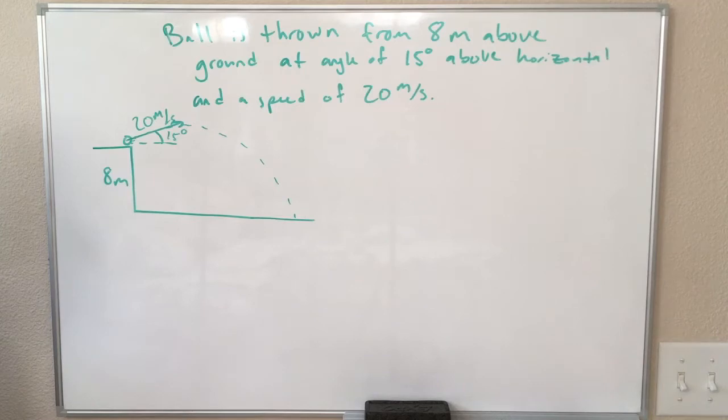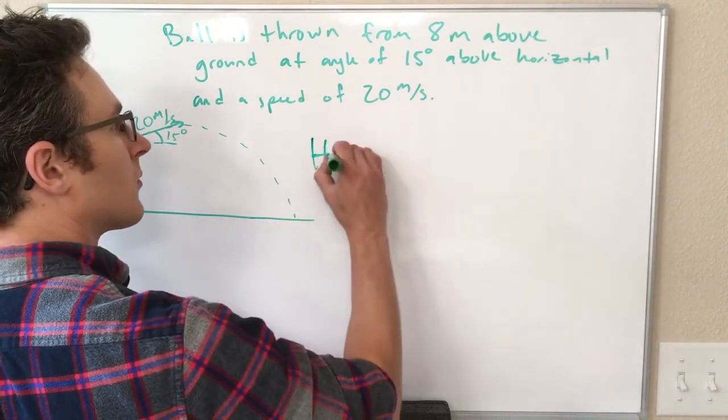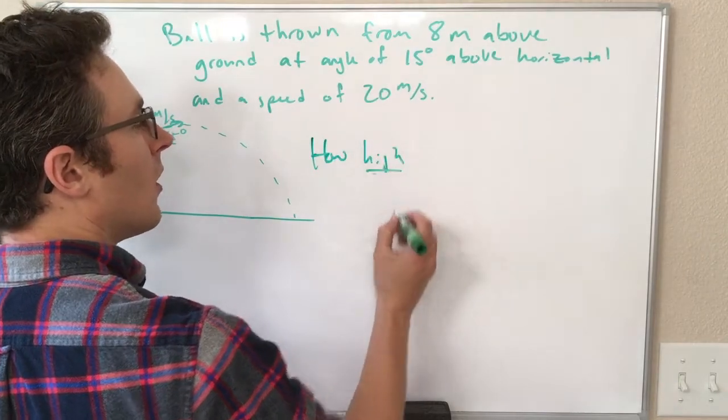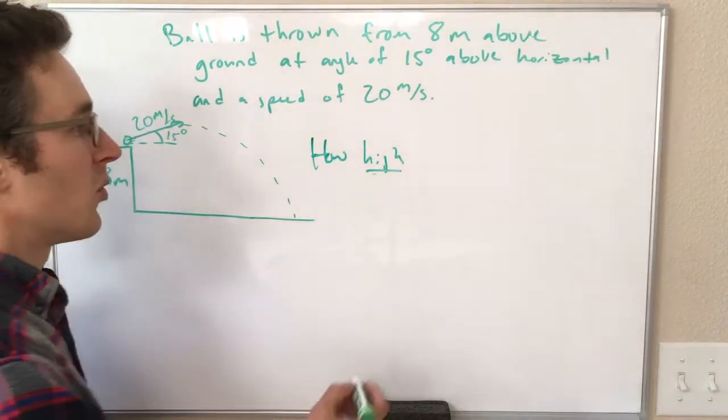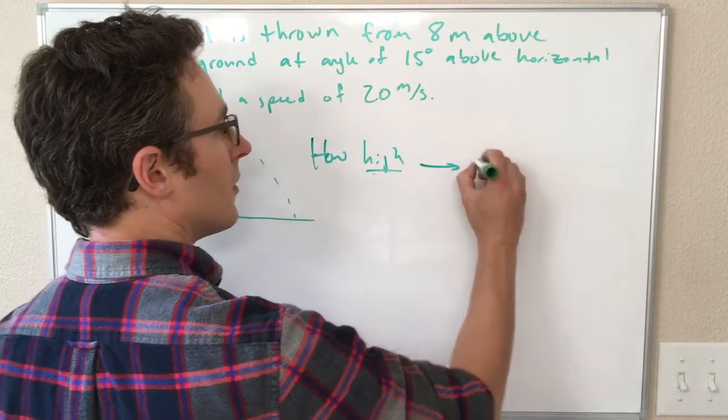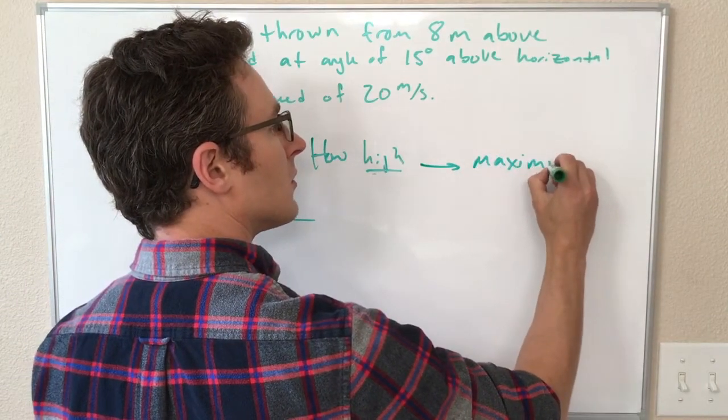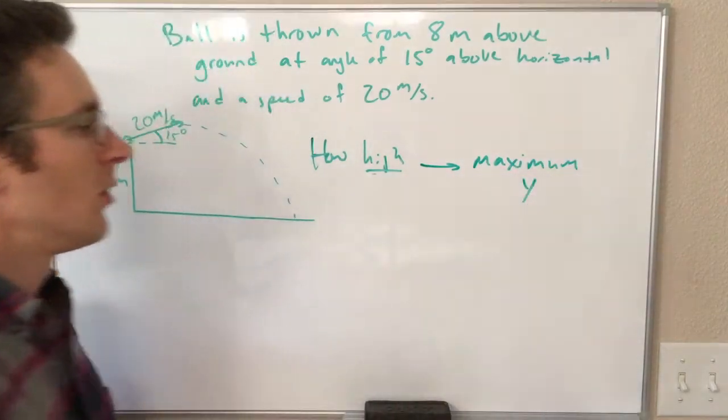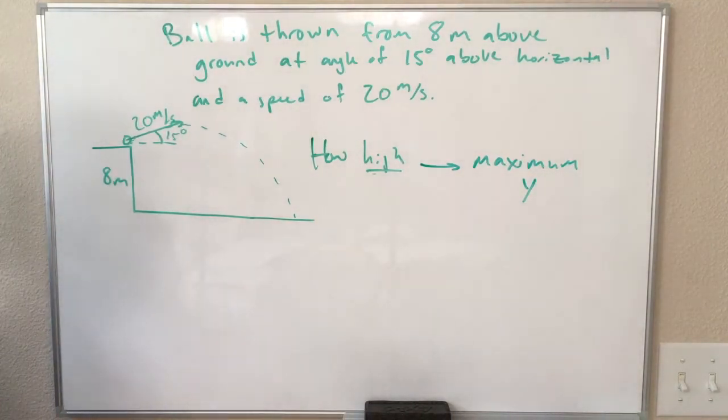So when we're asking how high does it go, we want the height at the highest point, the maximum y value. So how do we get that?